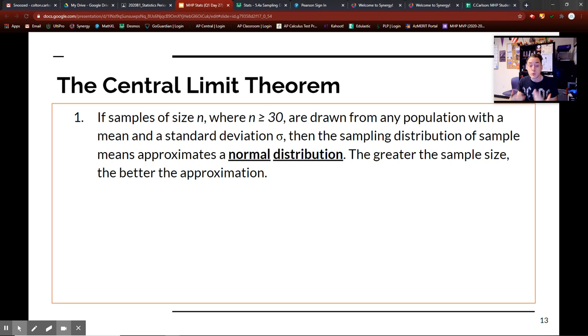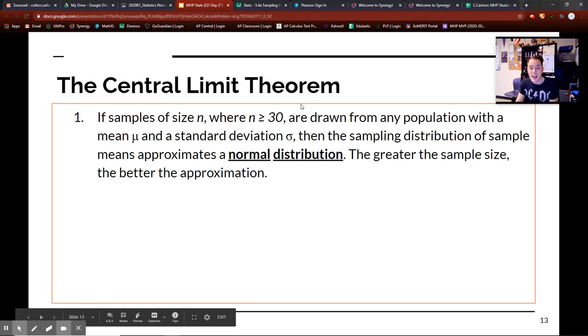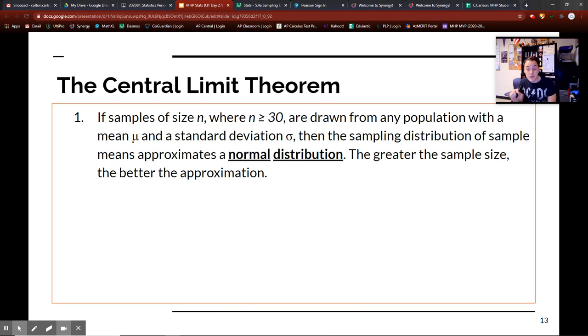If it's greater than 30 though, where n is greater than 30, are drawn from any population with a mean mu and standard deviation sigma, population mean and a standard deviation right here, what we would say then is that the sampling distribution of sample means approximates what we call a normal distribution.